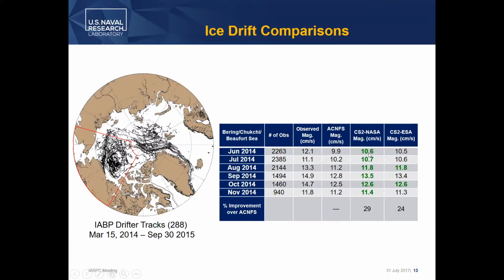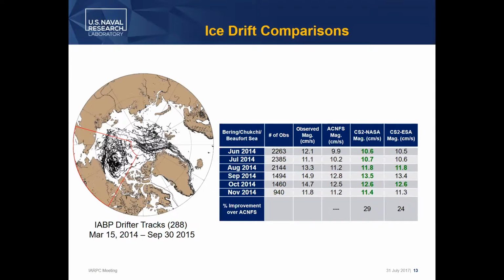So in some cases it's NASA, in some cases there's a tie with ESA. But for either one of those, we see an improvement between, I'll say, 24 to 29% in ice drift during the first season. When we looked at the seasonal stats for the following year, yeah, the skill pretty much dropped off.